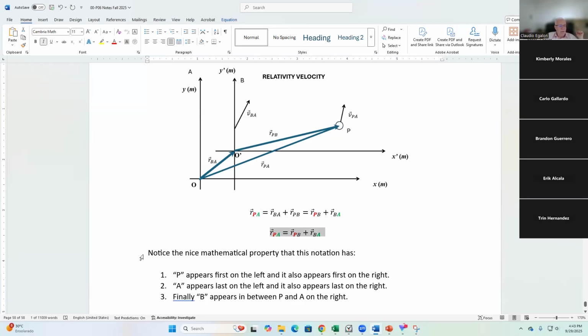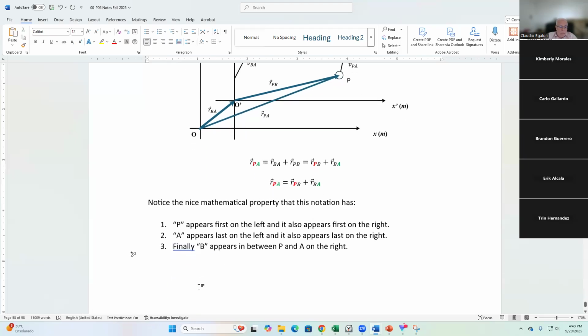4:43, 7 more minutes to go. Okay? So we can extend this notation to velocity vectors as well. We can extend this notation to the velocity as well.